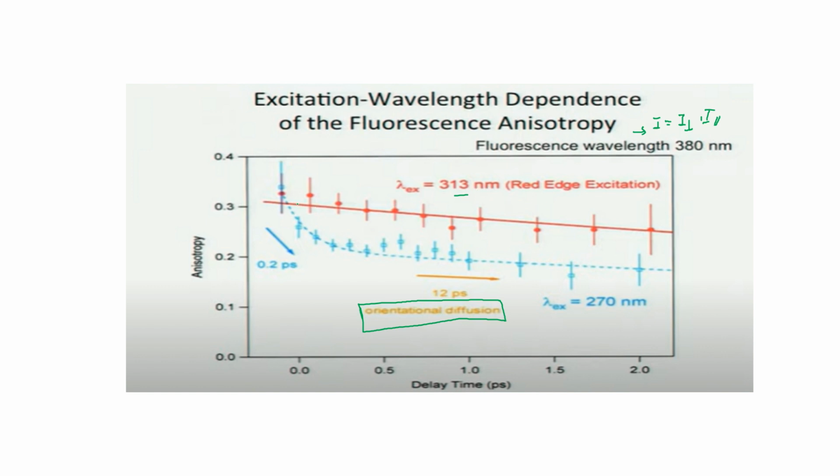At 313 nanometer excitation, the points are more or less on the same line with the delay time, which states that you observe only one fluorescence wavelength at 380 nanometer. So it comprises only one component, while in this case there are two components also.